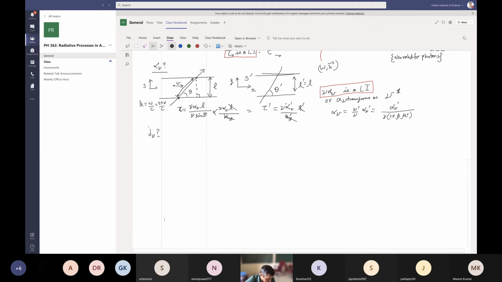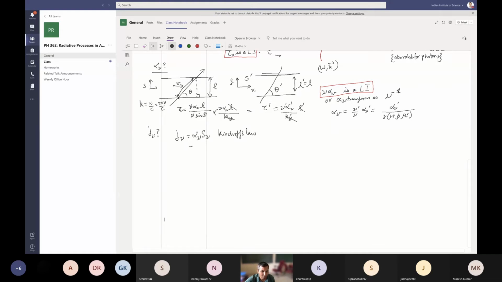Let's see. Recall that J nu equals alpha nu S nu from Kirchhoff's law. So if we know how alpha nu and S nu transform, we know how J nu transforms.